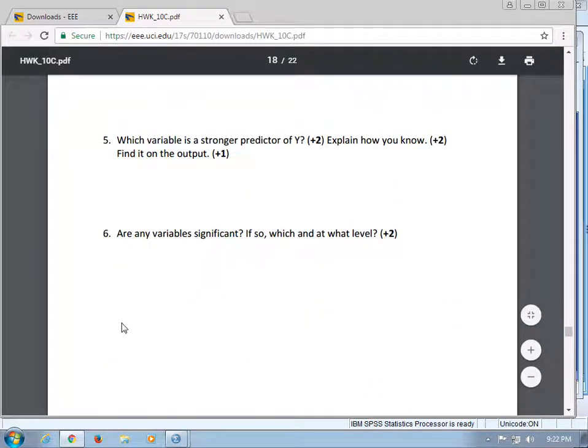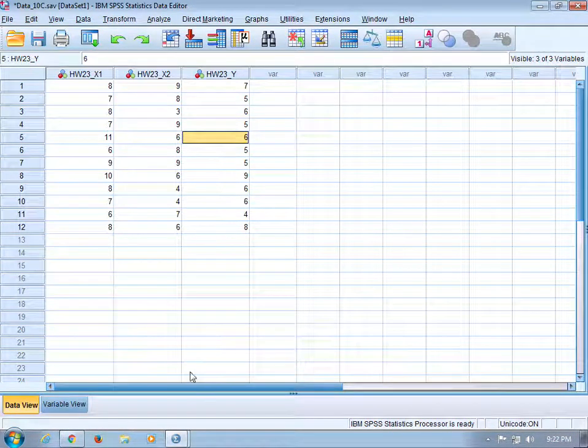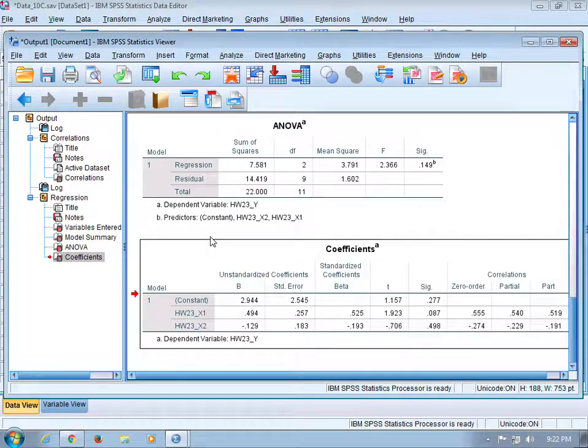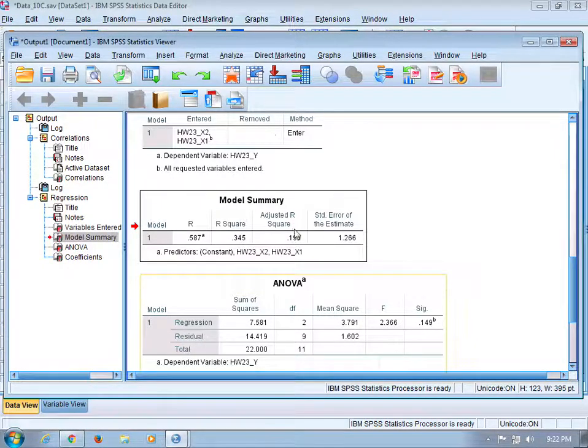For the adjusted r squared, you can find it in the output in the model summary table. So the adjusted r squared is right here. So when you do it by hand, you can check your answer against this value.